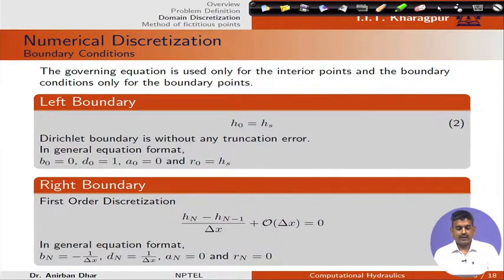So, we have written an algebraic equation for each of the interior points and boundary points. For interior points, we are using the governing equation, and for boundary points, we are using boundary conditions in discretized form.